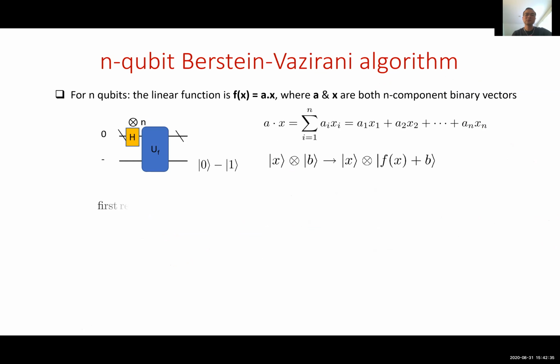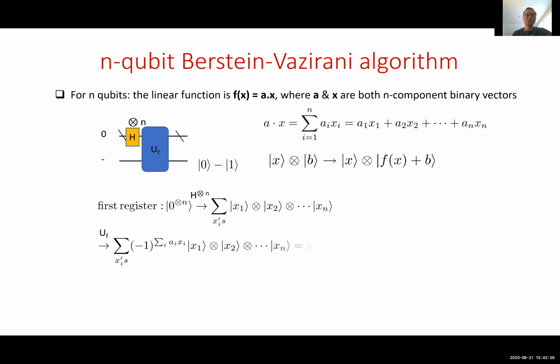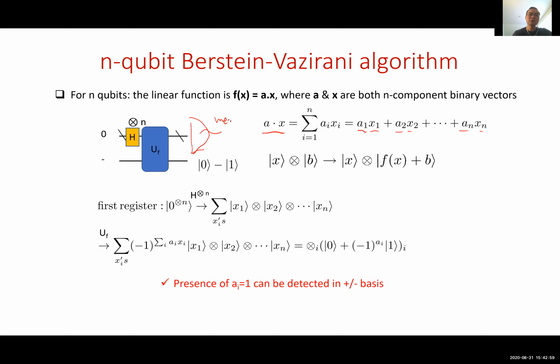That will be very similar, so let me not go through the detail here, because a dot x is really the sum over a1 x1, a2 x2. It's really just independent. So you can do a similar measurement in the plus and minus basis.